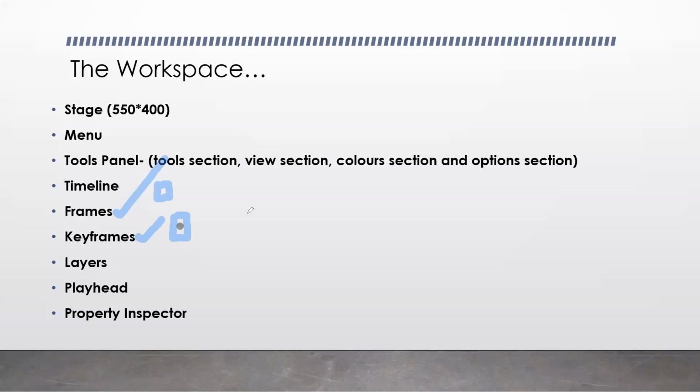Next is layers. Layers are transparent sheets, like different sheets. Suppose you have to draw a scenery where you have mountains, a lake, and a human being. Rather than putting these three items in one place, you will draw them on various sheets.